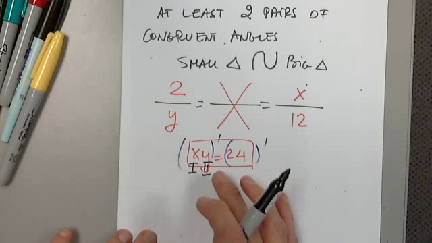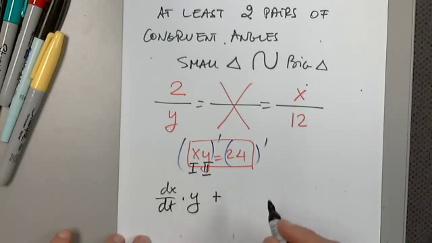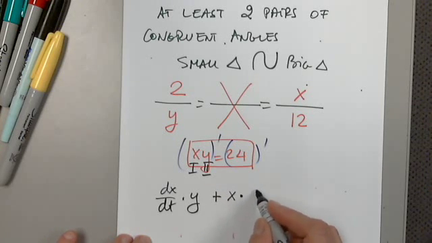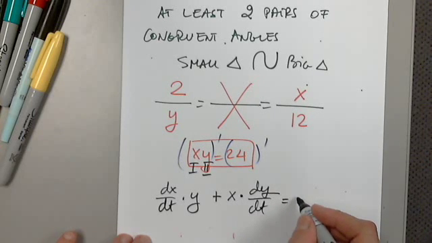Careful. So the first function prime, dx over dt times the second function, plus x times dy over dt equals how fast is 24 changing at any point in time? Good.